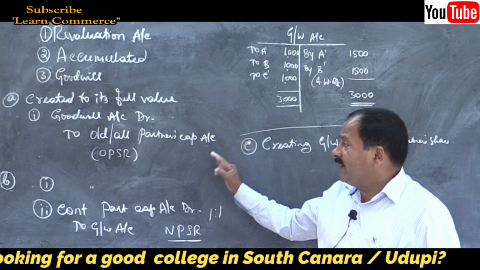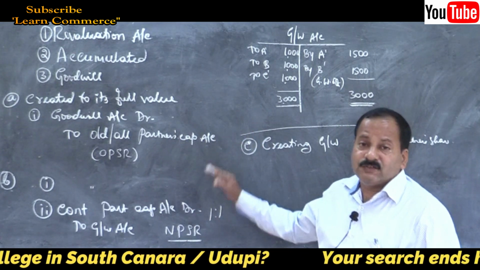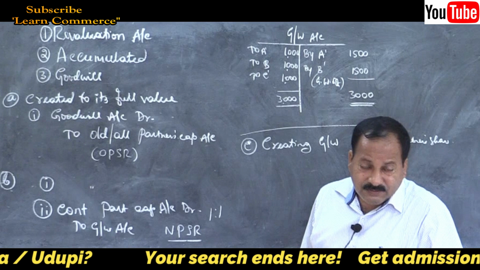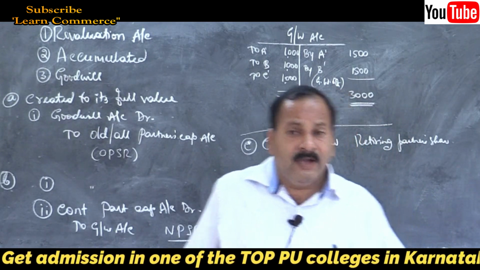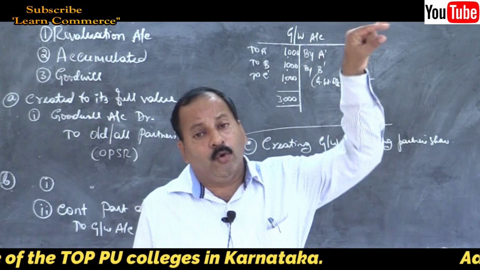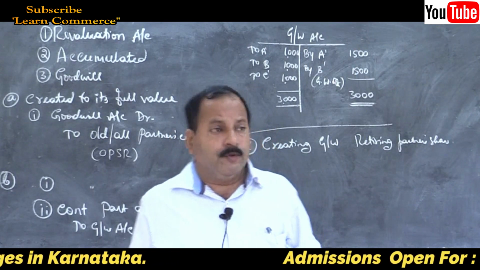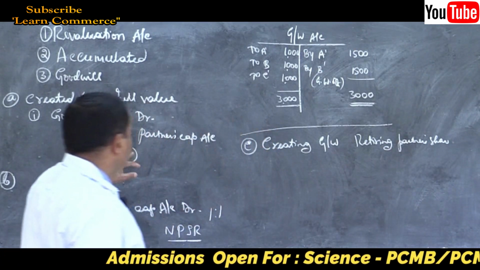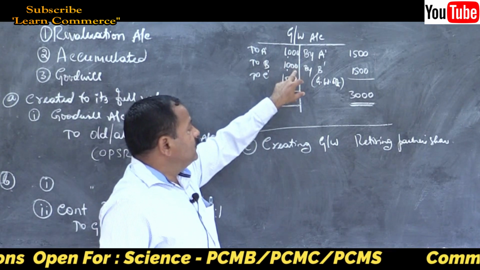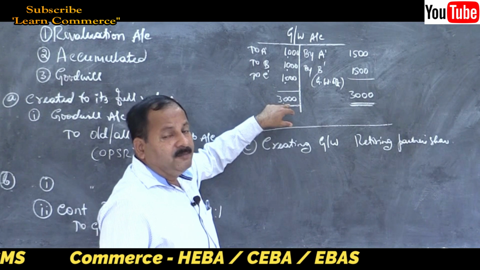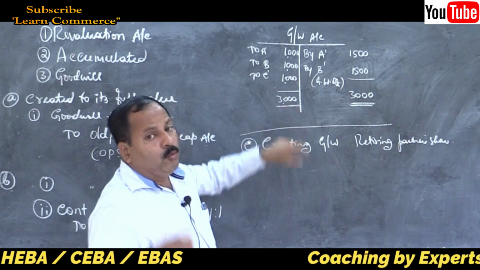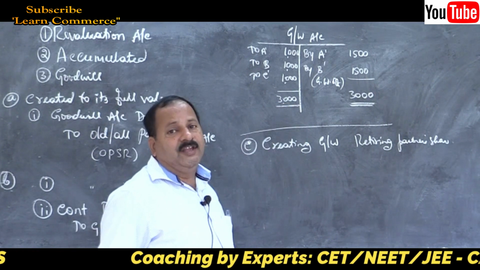So each one will get 1000 rupees as goodwill. Earlier we created goodwill to its full value: 1000, 1000, 1000, 3000 goodwill is created. But here we will create goodwill only to the extent of the retiring partner's share.